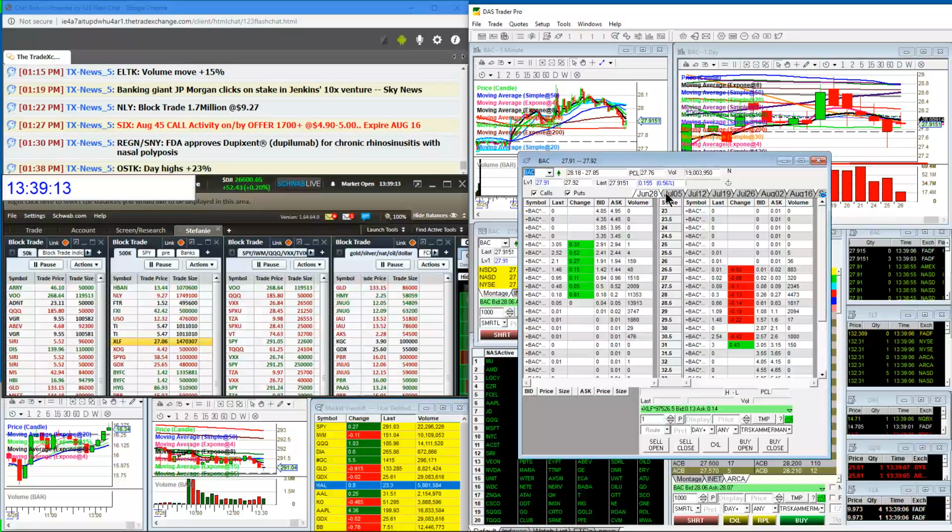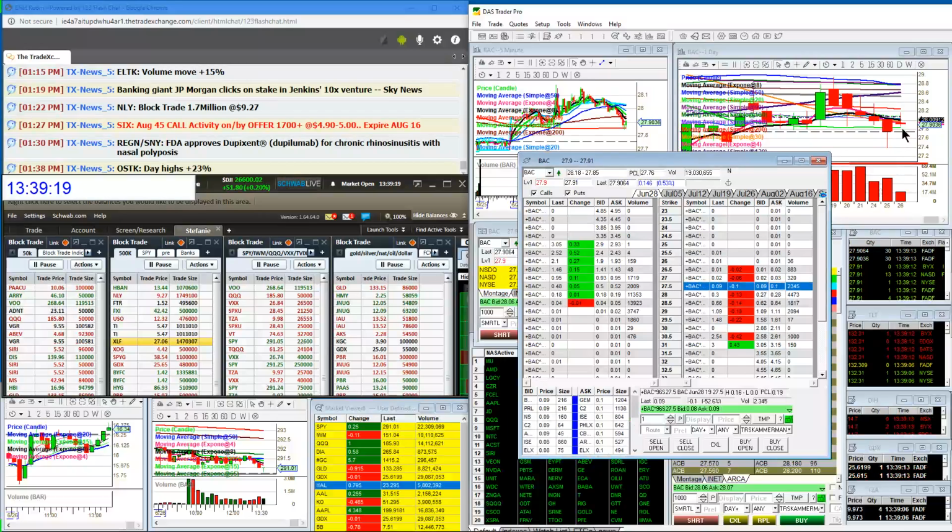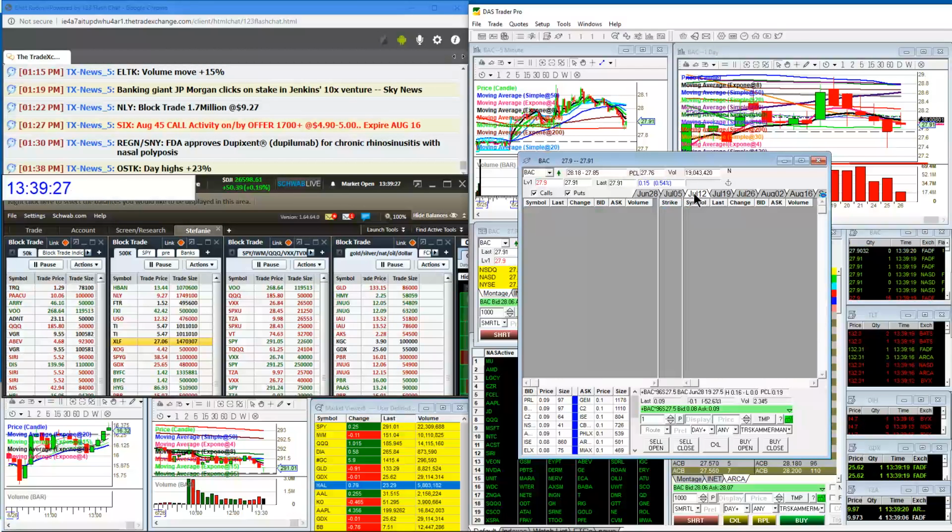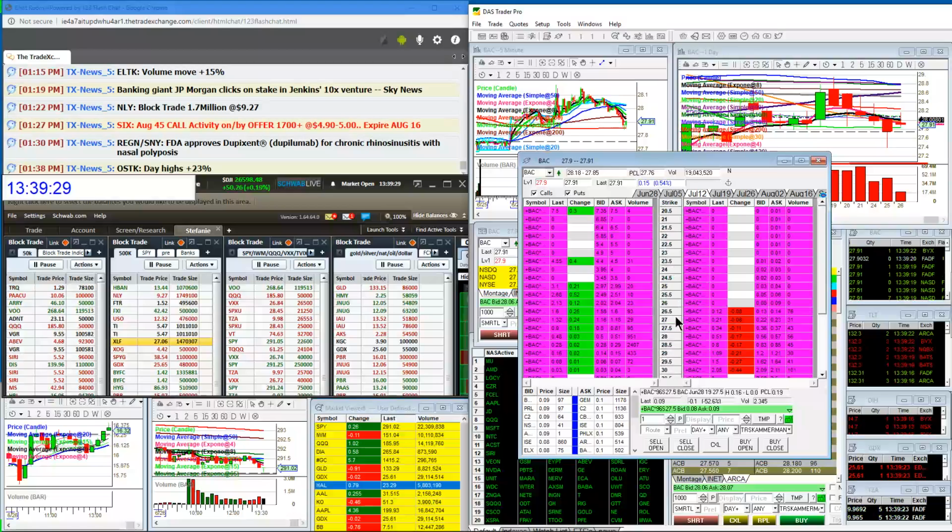This week's, we don't have enough time, but if you wanted to, these are 9 cents. If you really thought this was going down tomorrow, you have 2 days. These 27.50s are really nice. They're only 10 cents.